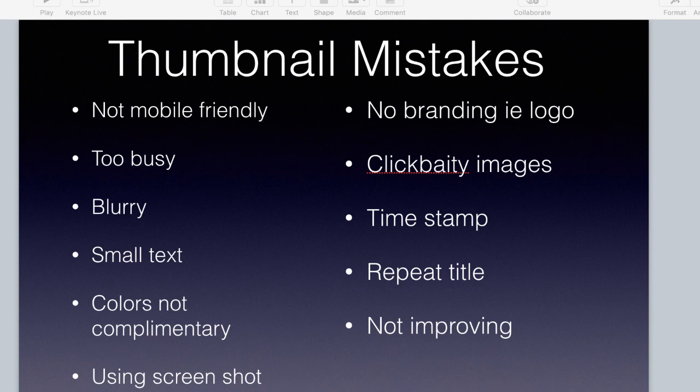That means your video is not watched all the way through, and then your click-through rate will go down. You might have an initial high click-through rate because people are clicking on your clickbaity image, but when they watch your video, they see that's not what you promised in your thumbnail and your title.